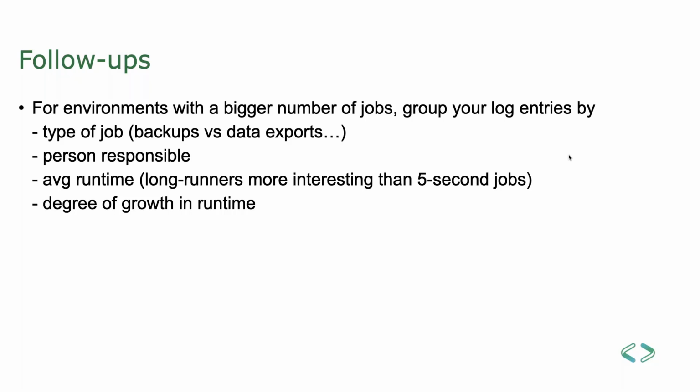Or you can even regard the degree of growth in runtime. When a job slowly needs longer and longer, that may be okay. But if, let me exaggerate here, it doubles the time every week, you should look at that one first. But to see that, of course, you have to be not as lazy as I am and leave the trend line to the graphic.